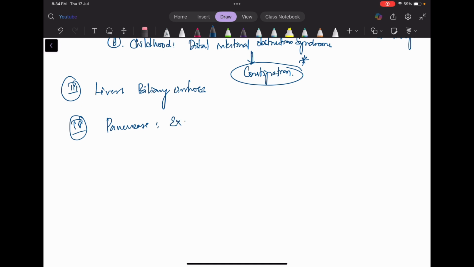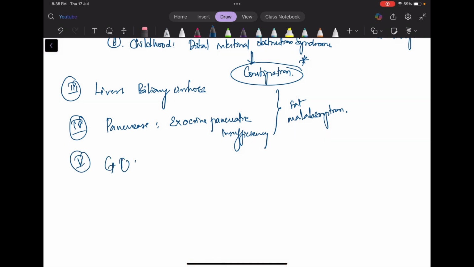So in the pancreas, what happens? Exocrine pancreatic insufficiency. The point of knowing this is that it causes fat malabsorption.